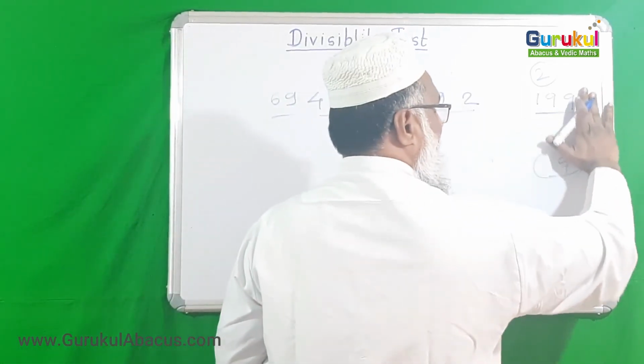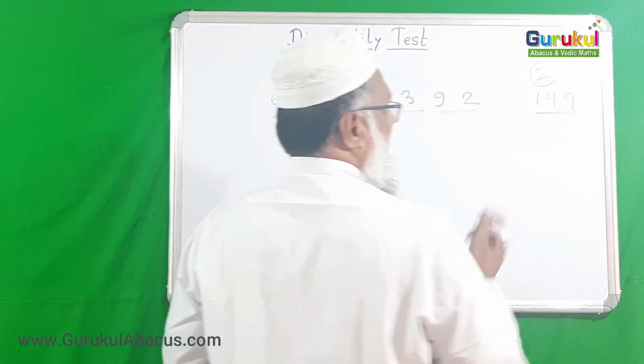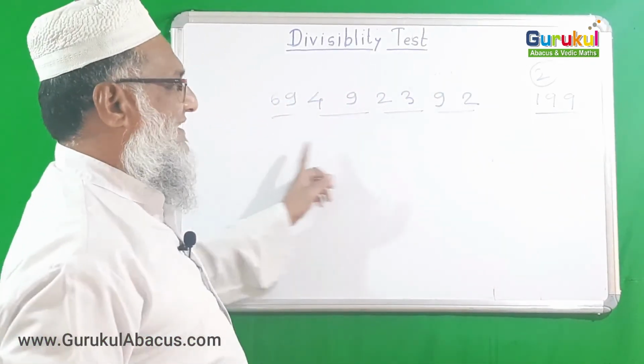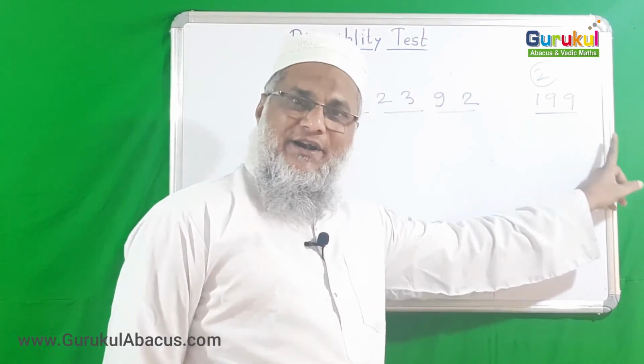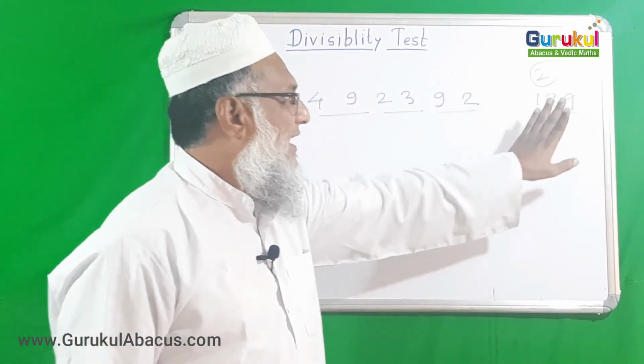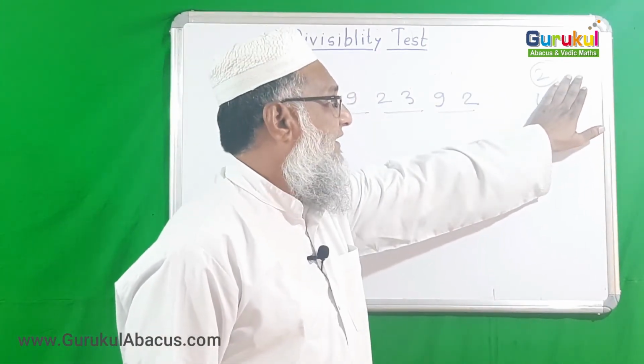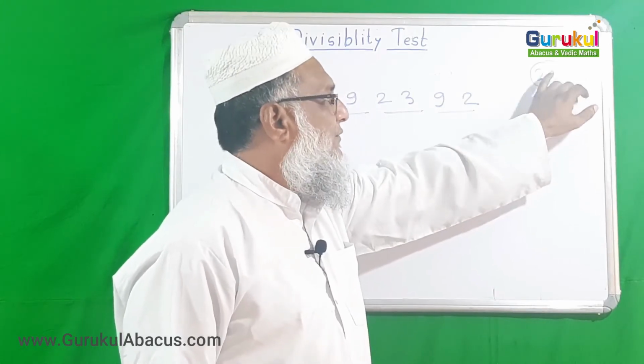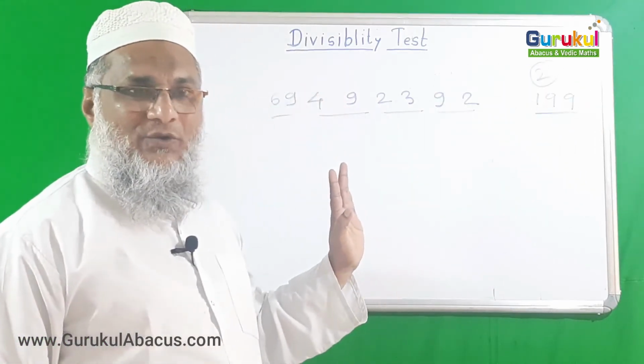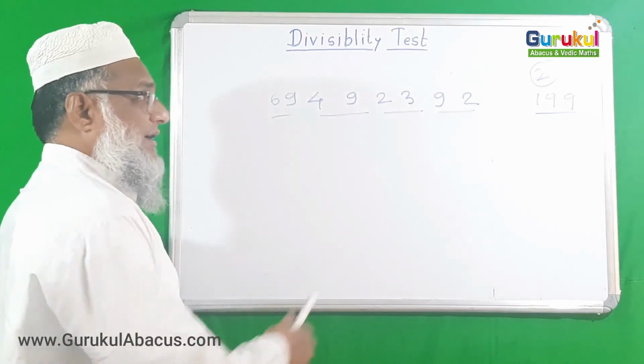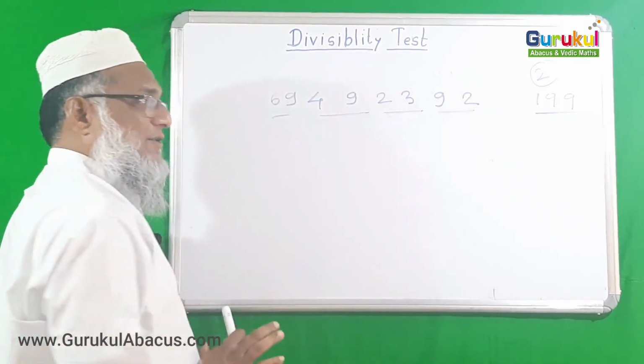Okay, so now we are checking whether this given number is exactly divisible by 199 or not. I told you I added 2 nines, then I saw 1 plus 1, 2 is our ekadika. But now the groups are of 2 digits, keep that in mind.